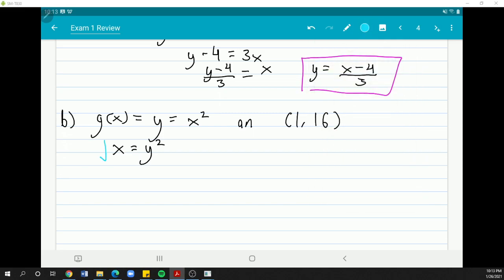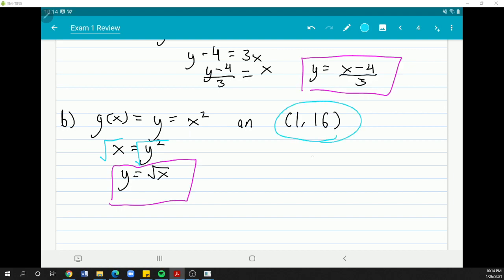So for example, square root gives you y is equal to the square root of x. And we don't need a minus sign here because we are taking the square root and our domain here is positive.